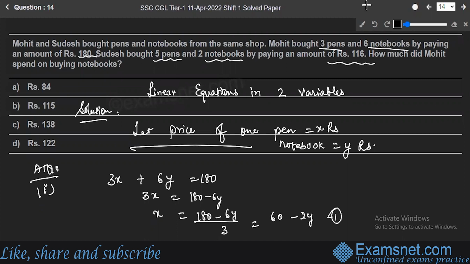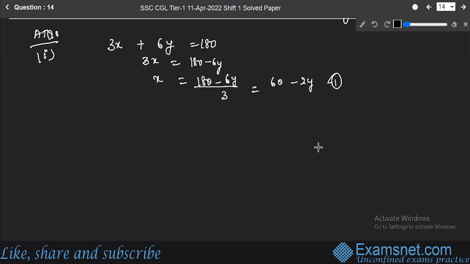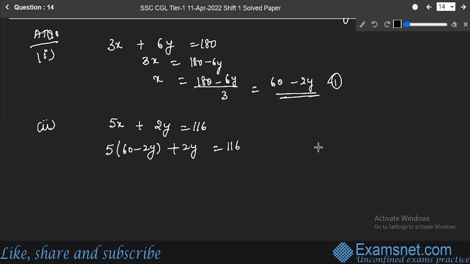Now let's see the second scenario in which he bought 5 pens and 2 notebooks by paying 116 rupees. So the second part of the same question says that he bought 5 pens and 2 notebooks for 116 rupees. So I'm filling in the value of x from here in this equation. So 5 into (60 minus 2y) plus 2y is equal to 116.